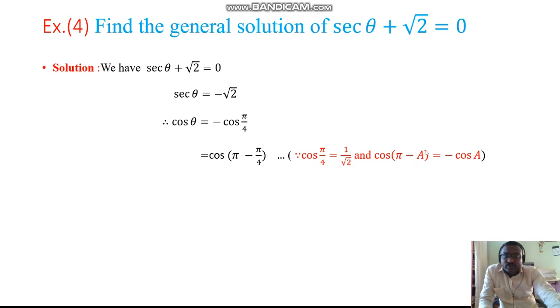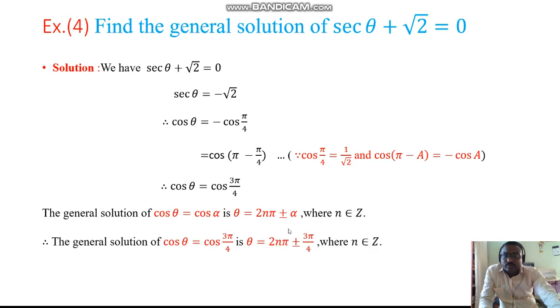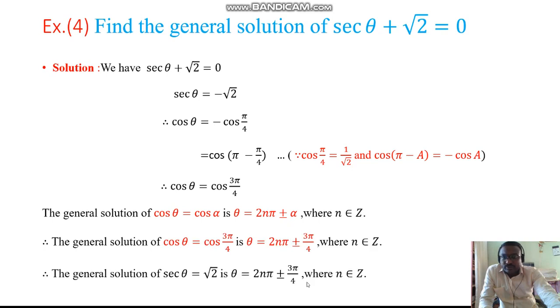Cos of (pi minus pi by 4) is minus 1 by root 2, and we get cos theta is equal to cos 3 pi by 4. Again this is an equation of the form cos theta is equal to cos alpha, and we get the general solution by just replacing alpha by 3 pi by 4.